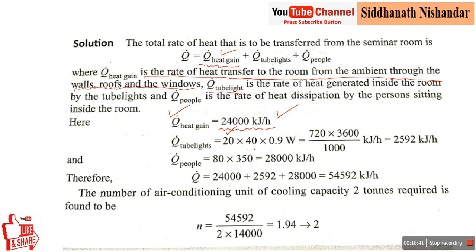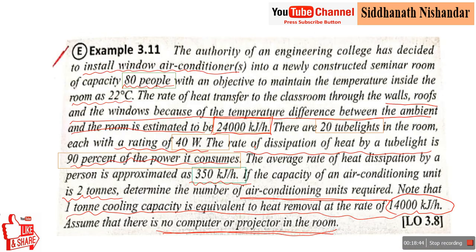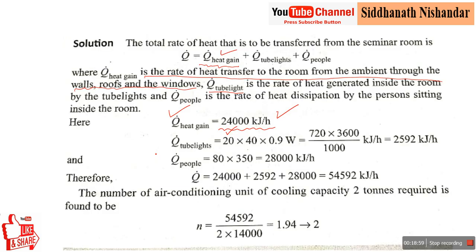The 20 tube lights in the room are each rated at 40 watt, and the rate of heat dissipation by a tube light is 90% of power consumption. So each tube has 40 watt and the heat dissipation is 0.9 of that 40 watts. So it is 40 multiplied by 0.9.